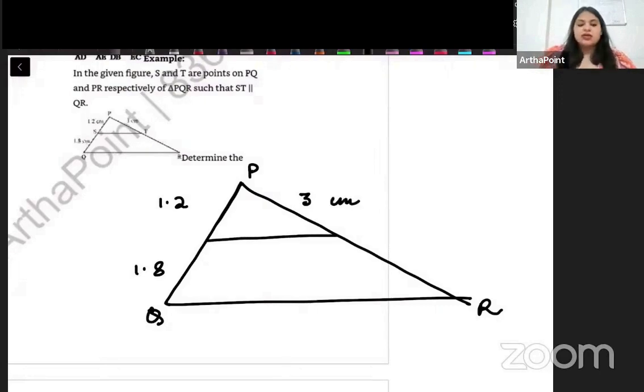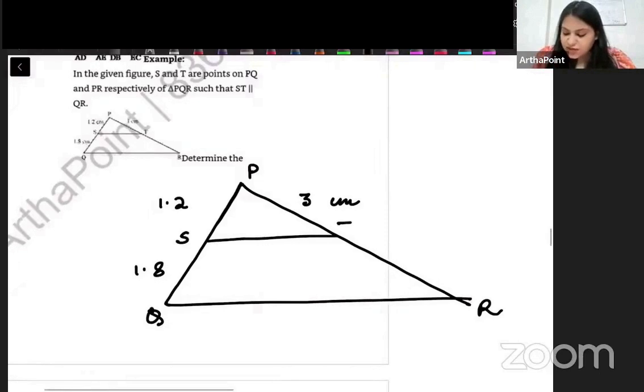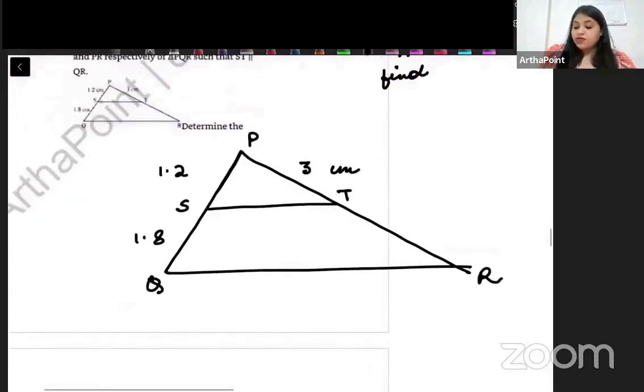This is 3 centimeter. It says ST is parallel to QR, and it says find RT. Find PR. This is the question. Okay.